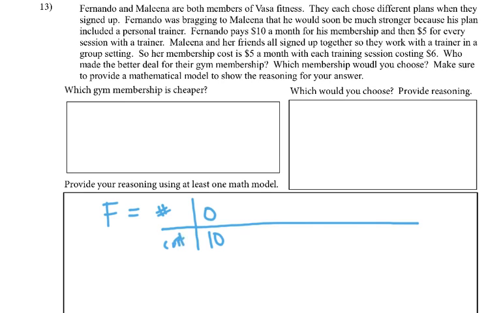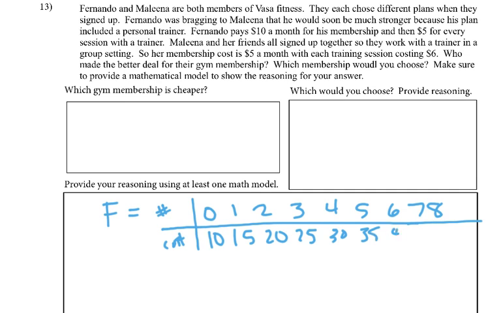In a month, if he met with them once, that would be $5 more, twice, $5 more, 3 times. So if he did it 3, 4, 5, 6, 7, 8 times, that's 25, 30, 35, 40, 45, and 50.